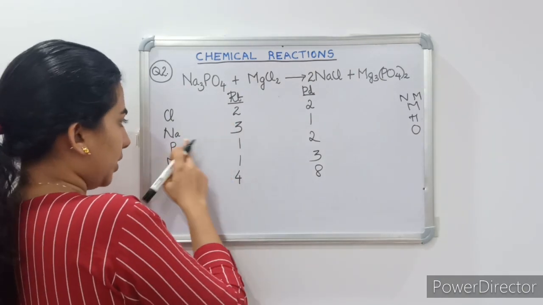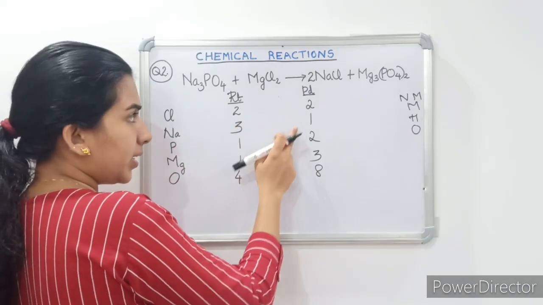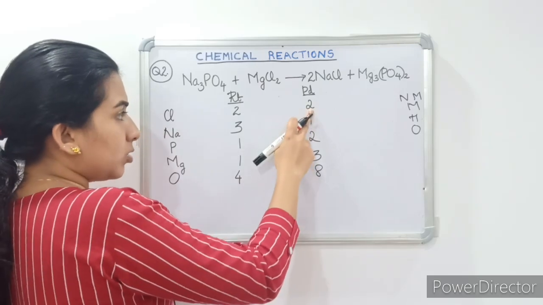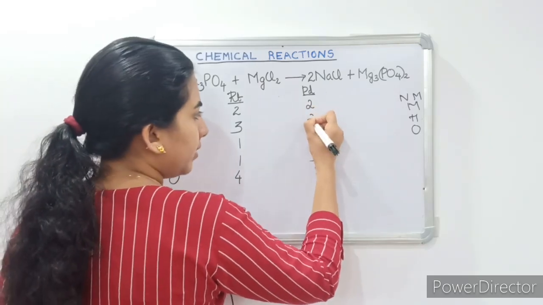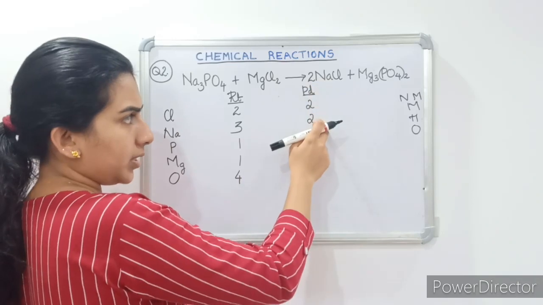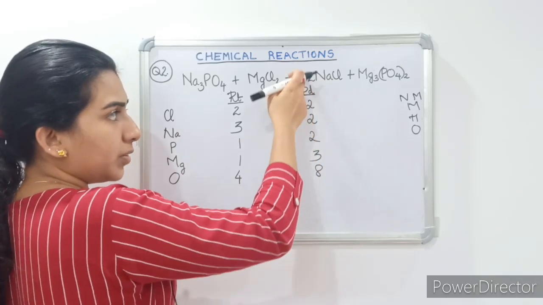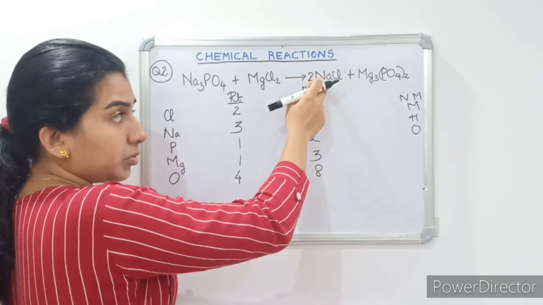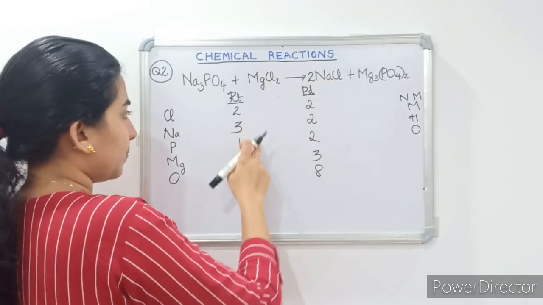Now next sodium. Sodium is 3 on the reactant side and 1 on the product side, but actually it is 2 on the product side. While balancing the chlorine, we have added a coefficient 2 which is effective for both sodium and chlorine. So 2 on the product side.